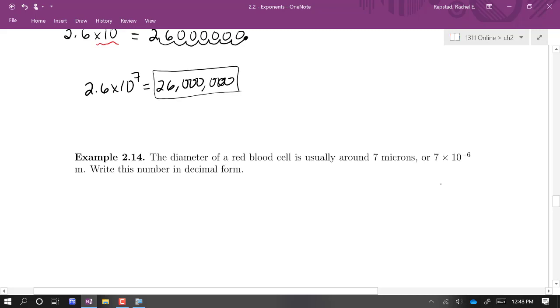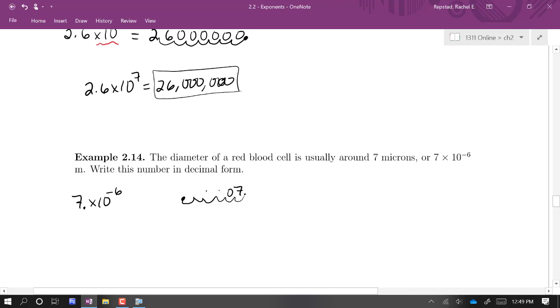Next we have the number 7 times 10 to the negative 6. This is a really small number, right? It's a negative exponent on 10. It's a tiny number. That means I'm going to take the decimal point, which since 7's a whole number, that means it's right here, and I'm going to move it 6 spaces to the left. 1, 2, 3, 4, 5, 6.